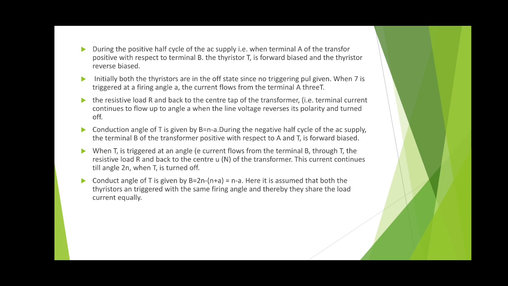This current continues till angle 2 pi when T2 is turned off. The conduction angle of T2 is given by beta equal to 2 pi minus (pi plus alpha), which is again pi minus alpha. It is assumed that both the thyristors are triggered with the same firing angle and thereby they share the load current equally.